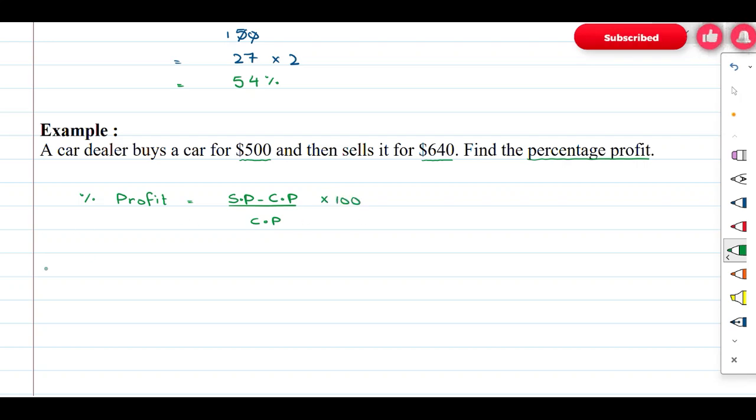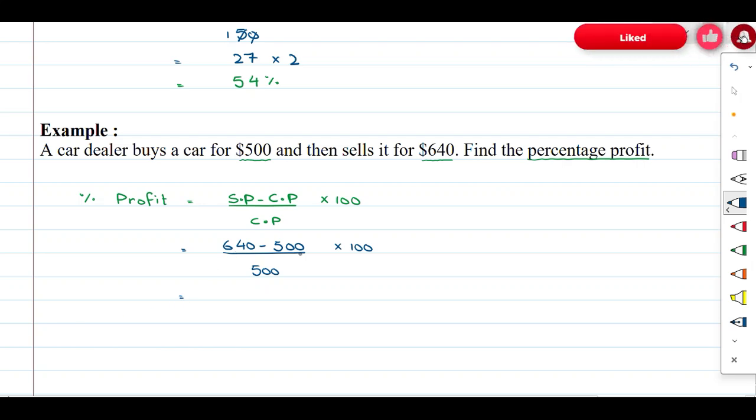Now plug everything into the formula. The sale price is 640, and the cost of buying the car is $500. Divide by 500 and then times by 100, right?